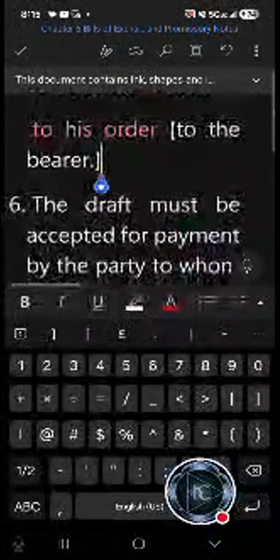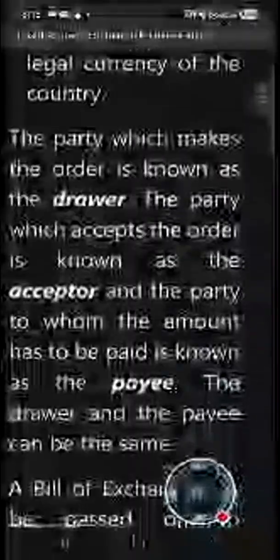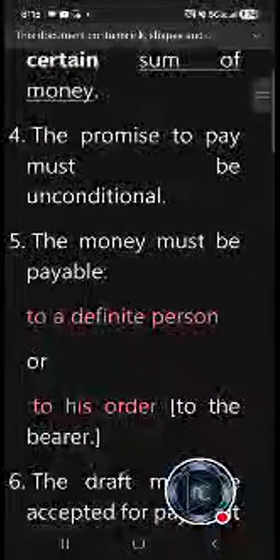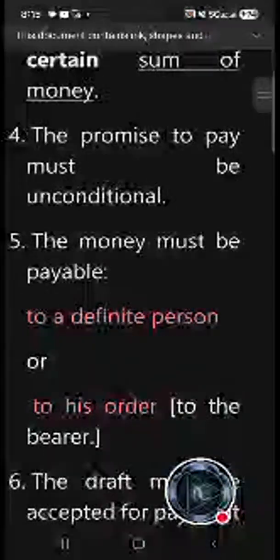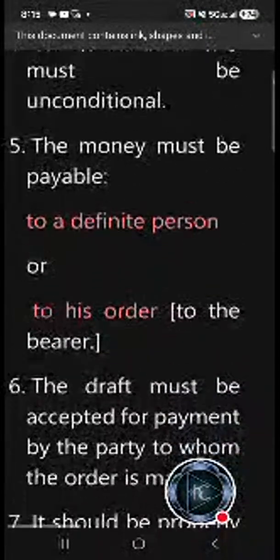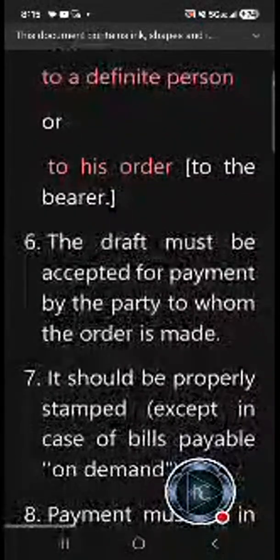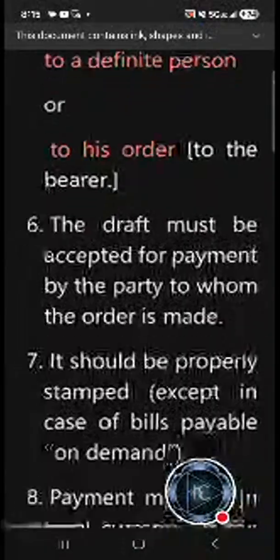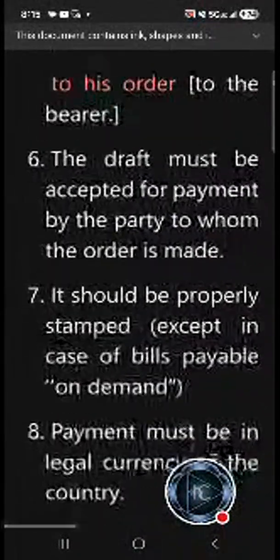What does that mean? That could be interpreted in so many different ways. Okay. The money must be payable to his order or to the bearer.